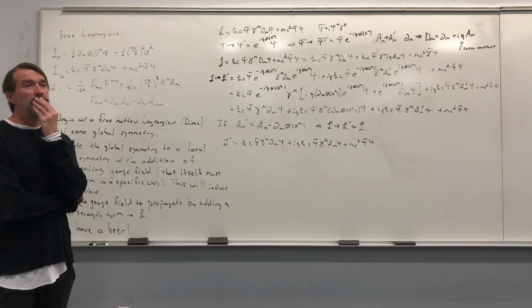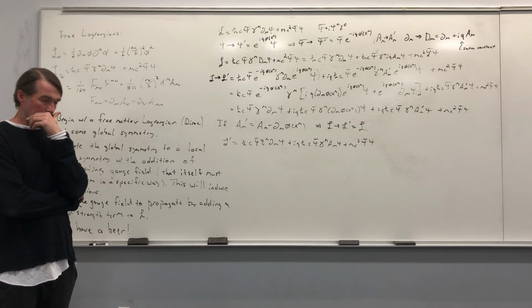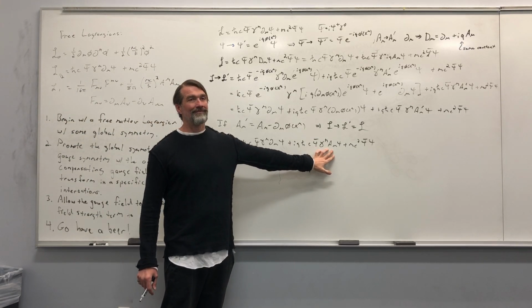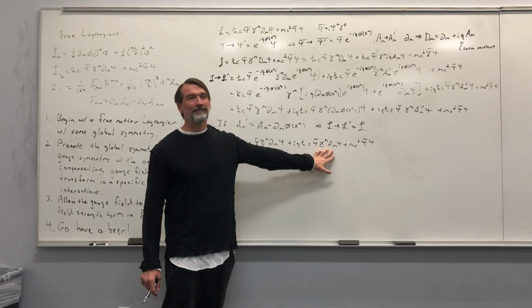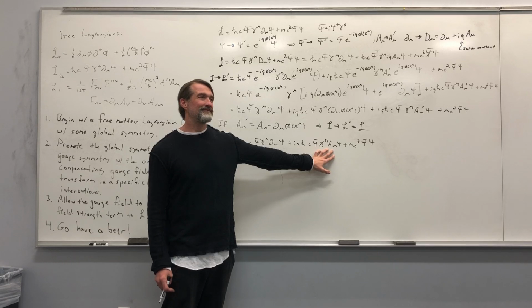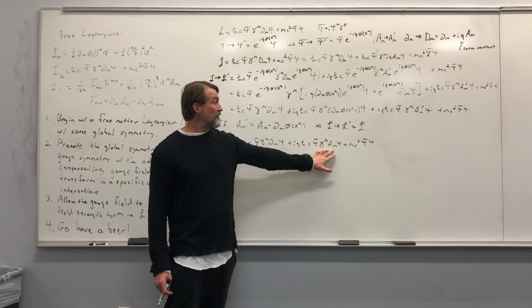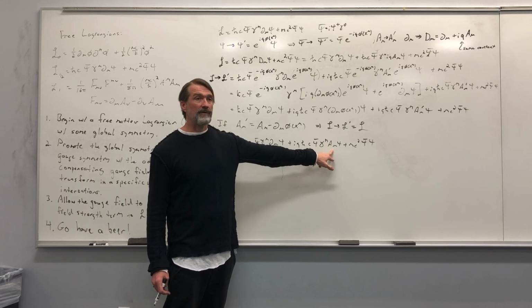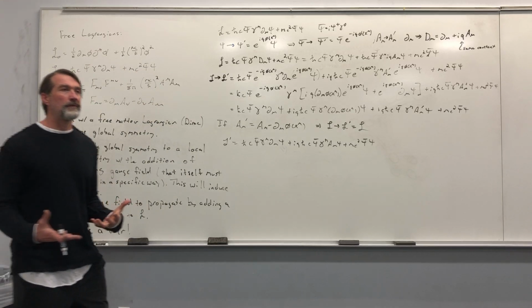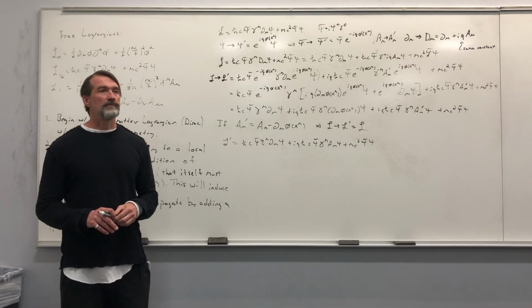What do you notice? What is that? Interaction term. That's an interaction. This is the interaction of the spinor field with this new gauge field. It's forced on us by demanding that the symmetry be local.